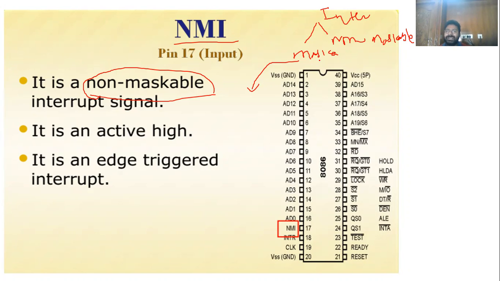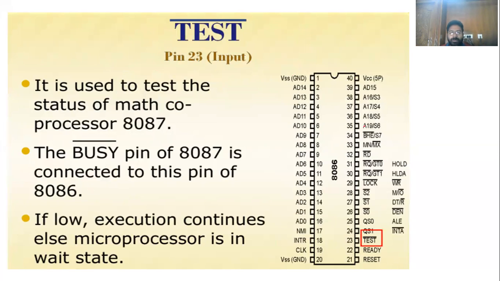That is the non-maskable interrupt. What is a maskable interrupt? A message is a maskable interrupt. You can change the settings so that messages are not shown while playing or watching movies. But you cannot stop the calls, so that is the non-maskable interrupt.